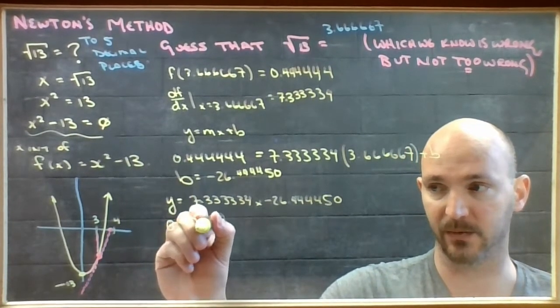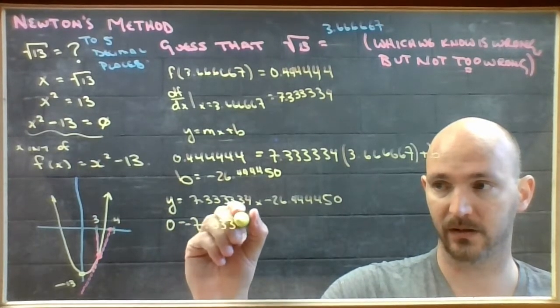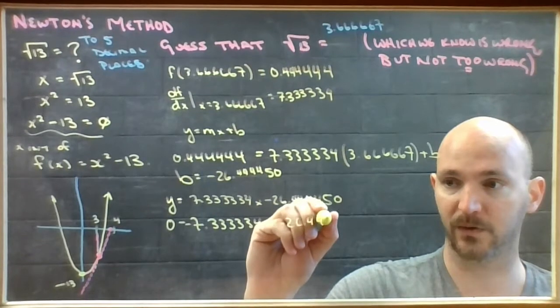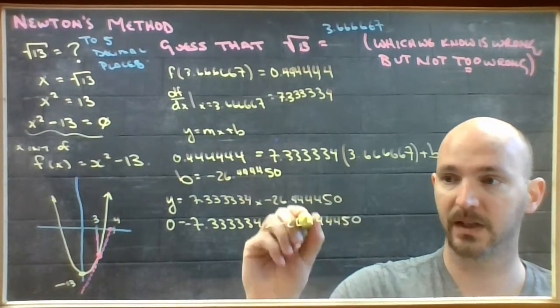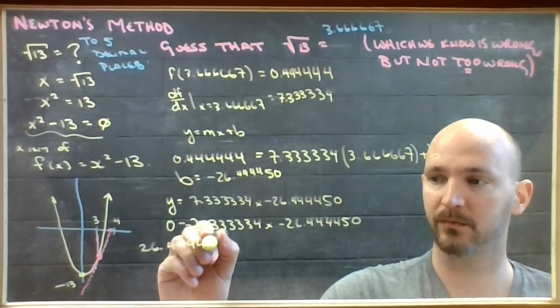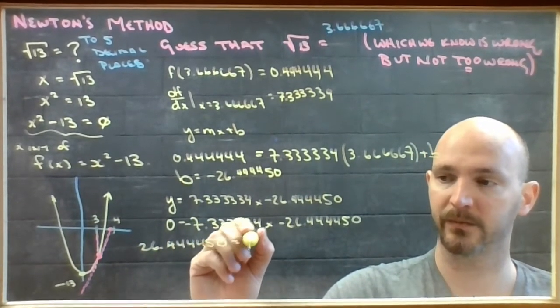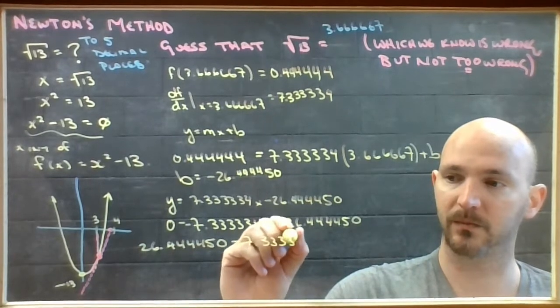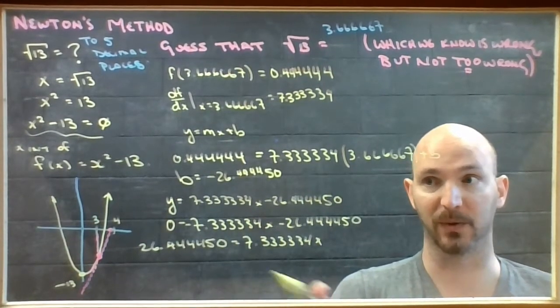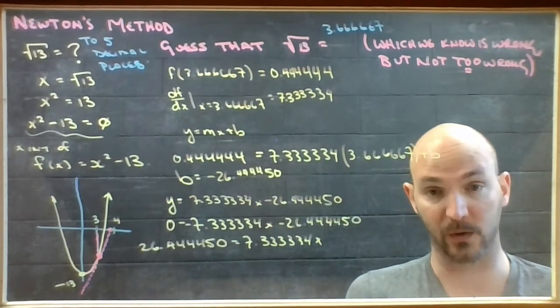So 0 equals 7.33334x minus 26.44450. Kick this over. Never fear, we're going to shorten this up real quick so that you don't have to write all this over and over again.